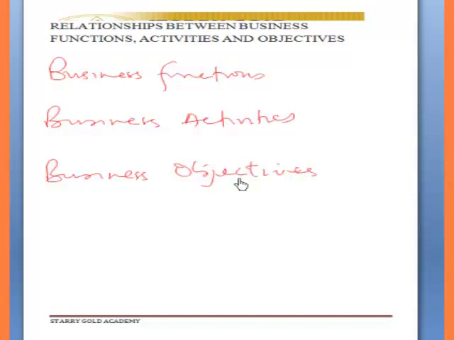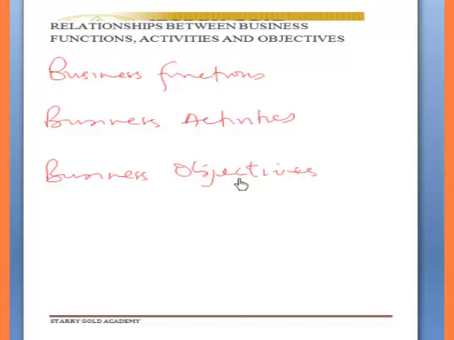We have also identified a number of business functions such as marketing, sales, human resource, purchase, finance, administrative, and what have you. All these are some of the major functions that are established in a given business organization. And like I've told us, each of these functions works towards achieving common goals and objectives.